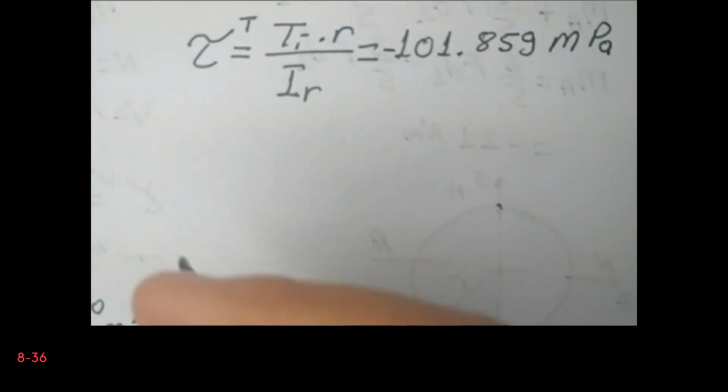Okay, so next thing is normal stresses. Now we have a normal stress due to the axial loading. So that is Ni divided by P r square area.